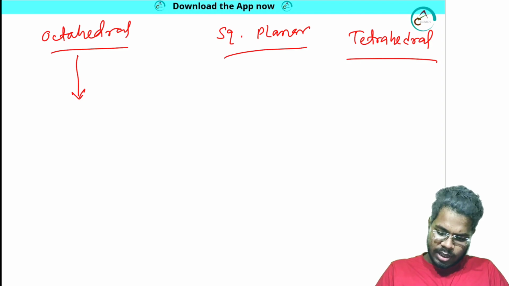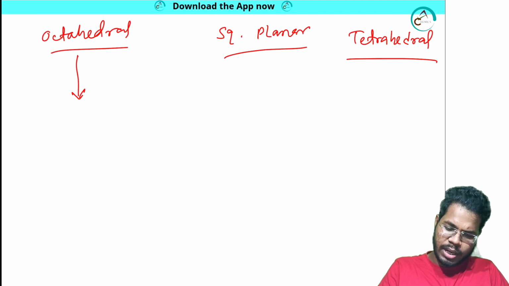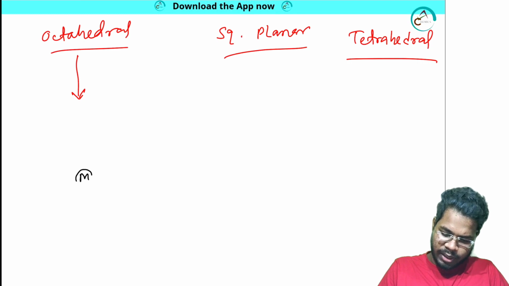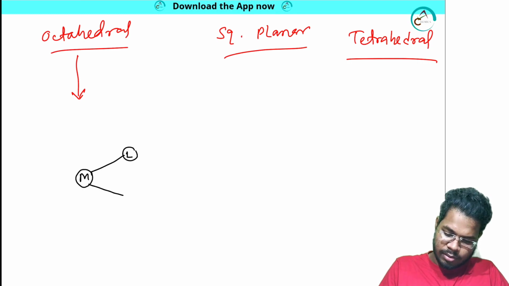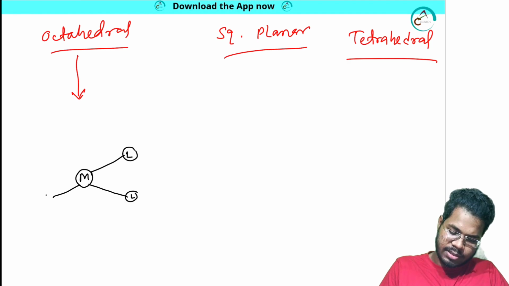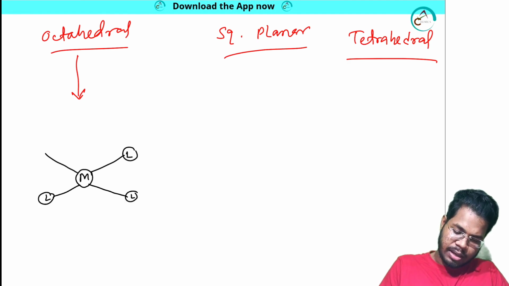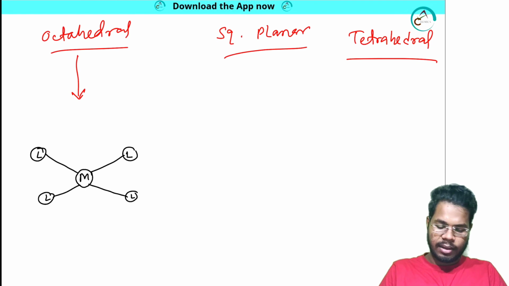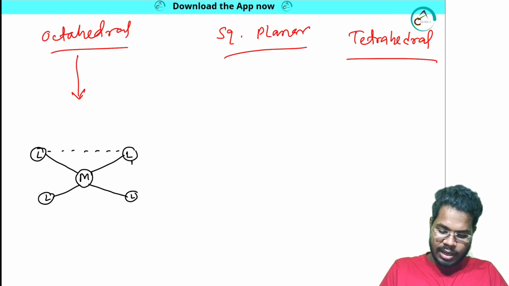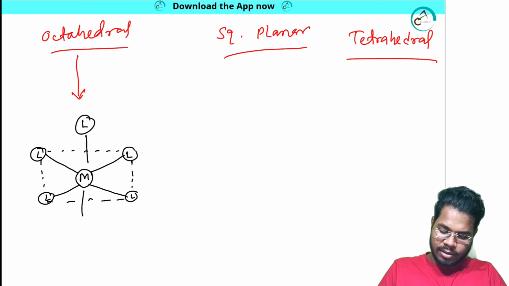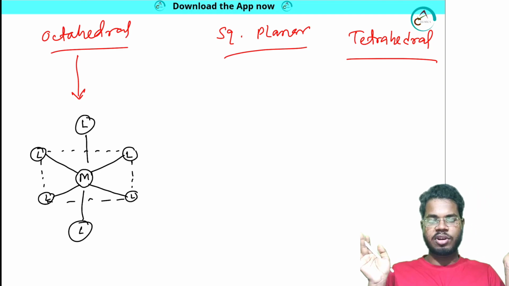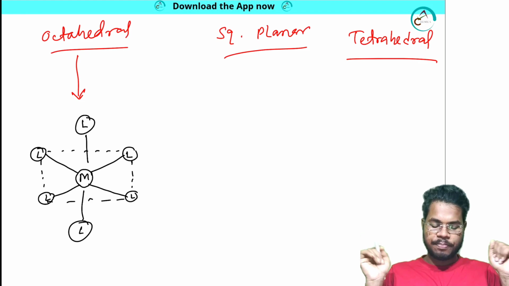Now if I consider an octahedral complex, how does it look? There is a metal over here, there are 4 ligands like this, and the 4 ligands are on the same plane, with a ligand above and a ligand below. You know this is the structure of an octahedral system.